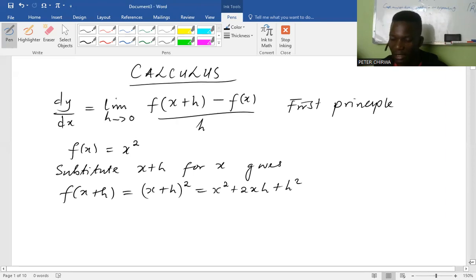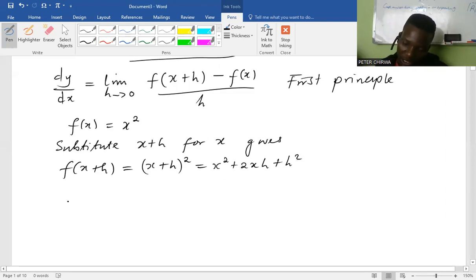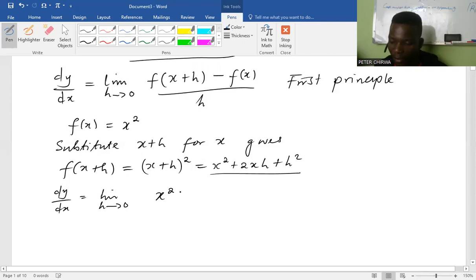So we substitute in the first principle expression. We have the limit as h approaches 0 of f of x plus h, which is what we have simplified, x squared plus 2xh plus h squared, over h, minus f of x, so minus x squared.